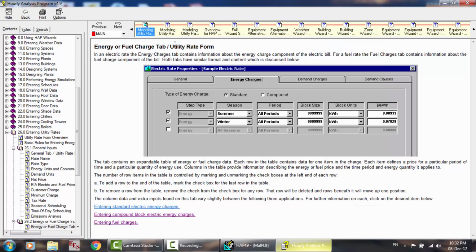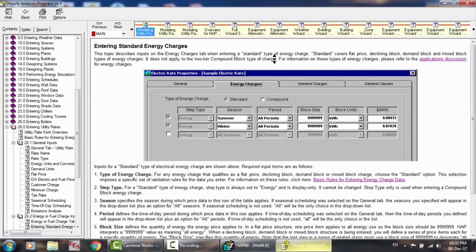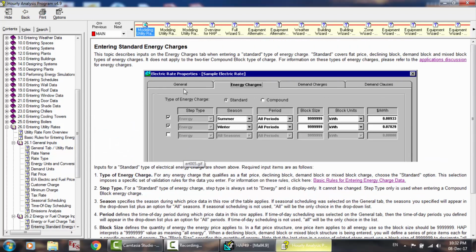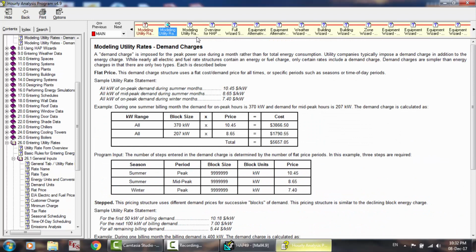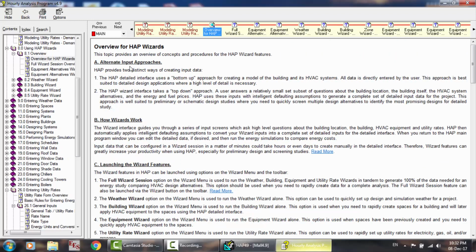You can get these things from the basic rules. So gentlemen, you have to know these things.